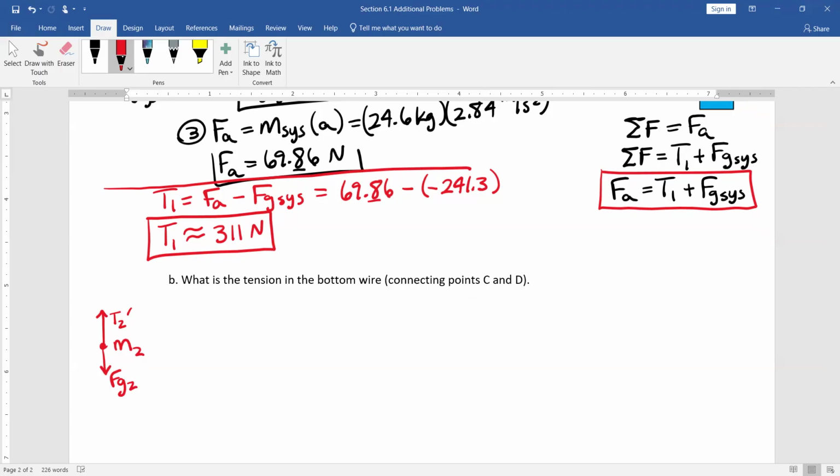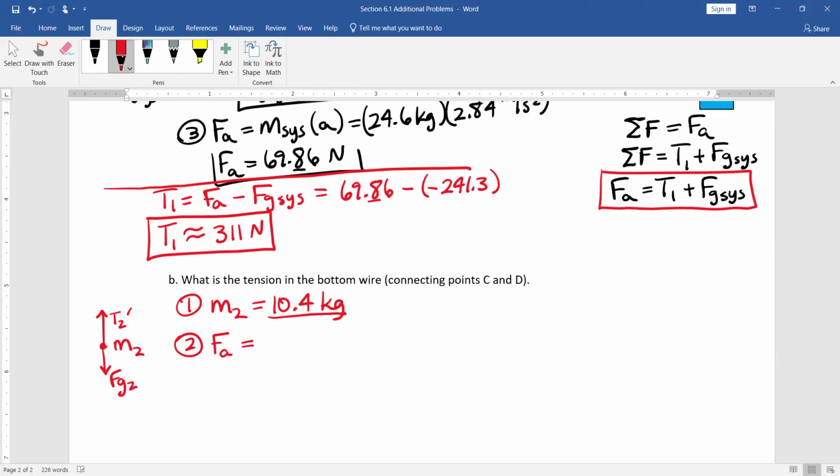First, I'm just going to jot down the fact that mass 2 is equal to 10.4 kilograms. I'm not really having to calculate anything there. The second part is to find the force of acceleration.